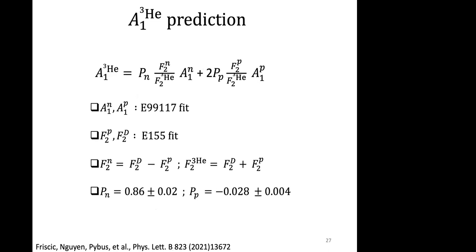This is all the input we are using for the A1 helium-3 prediction, and it follows this formula. We are using different fits for A1 and for the F2 structure function. You may notice here we use the fits for F2P and F2D, and then we do a very simple calculation to extract F2N from these two.